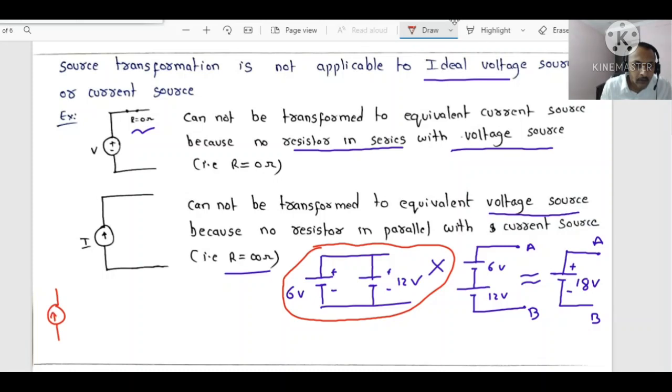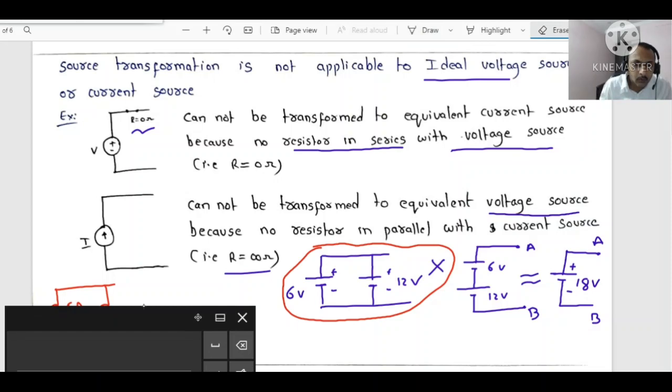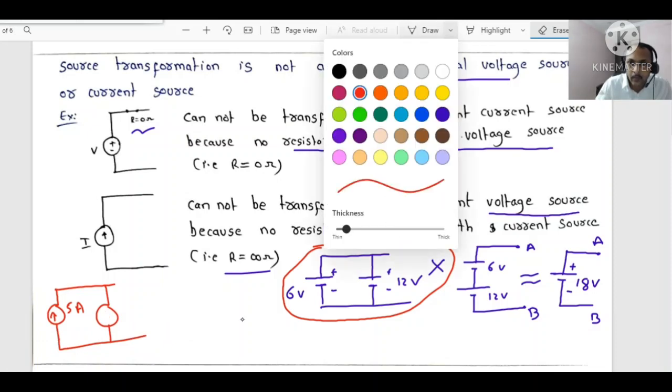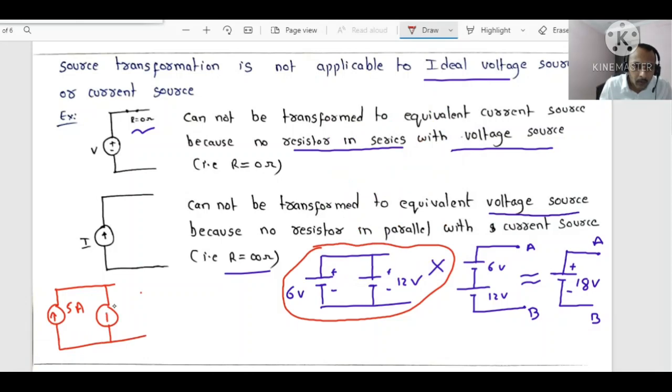One current source, current source 1, is of 5 amps, and there is another current source of 2 amperes across A, B. Now you can take it as a single current source of value 5 plus 2, 7 amperes. Nothing wrong.